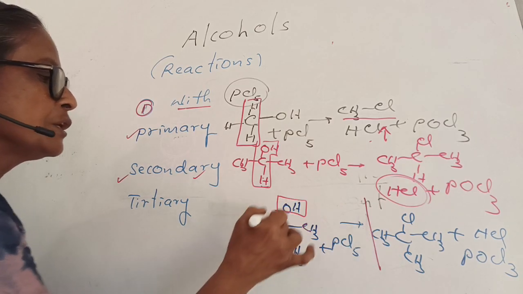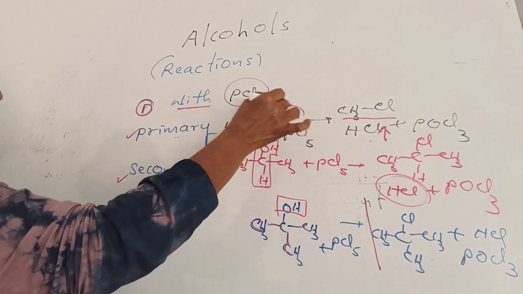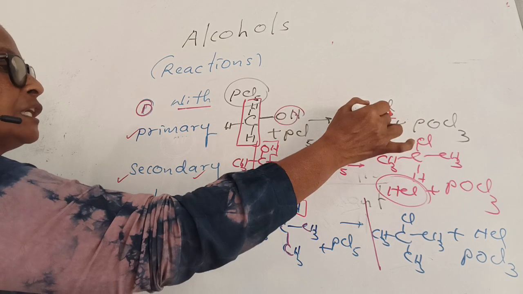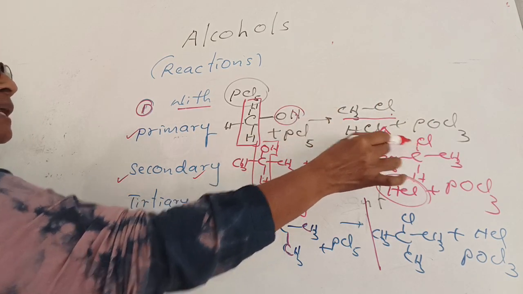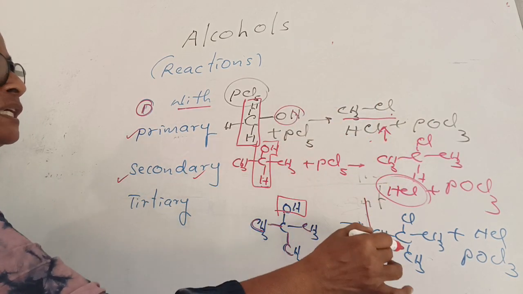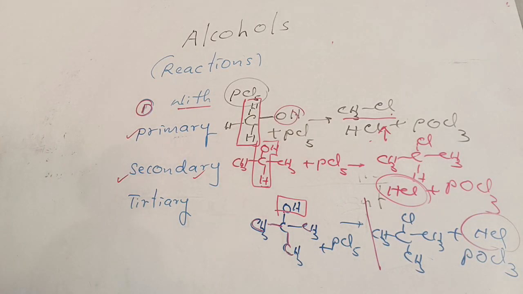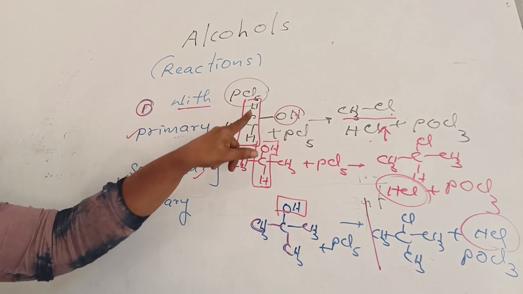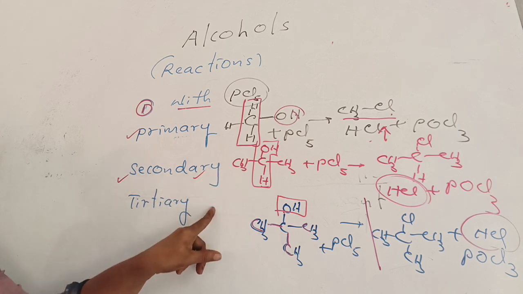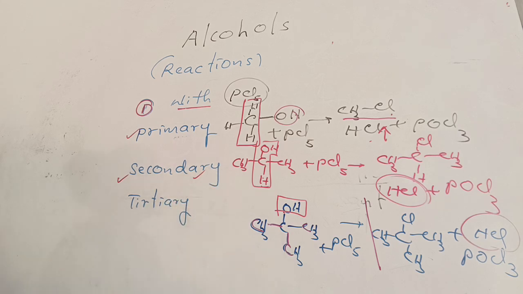You can see that OH is replaced by chlorine. So all three reactions generate hydrogen chloride gas, which is the observation made. Steamy white fumes is the observation with PCl5, whether primary, secondary or tertiary. There is only one common observation.